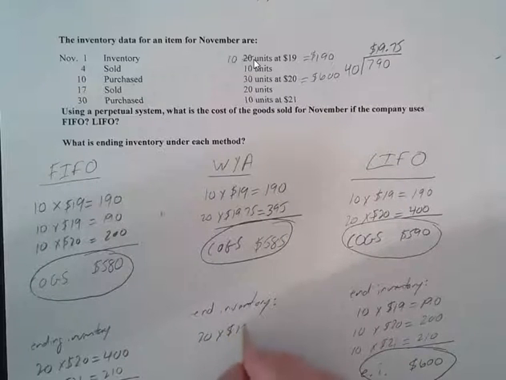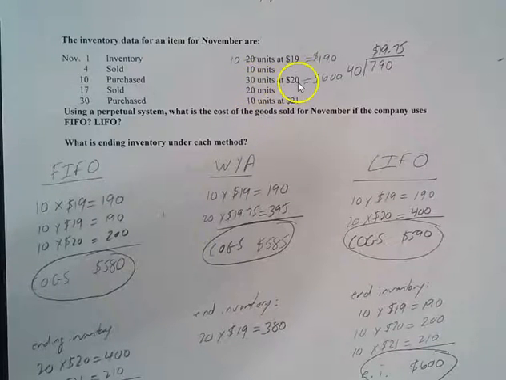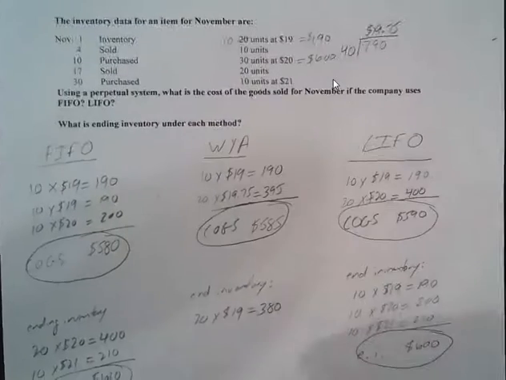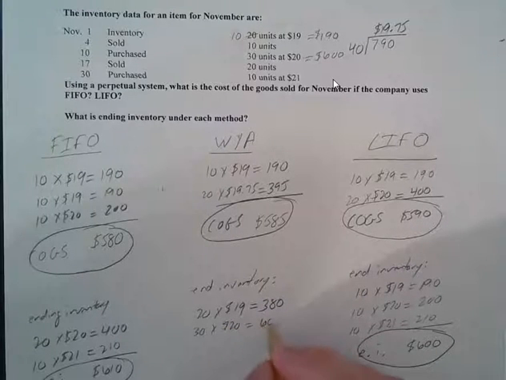What I'm calculating right now essentially is cost of goods available for sale. And 20 times 19 is 380. You'll just have to take my word for it. Then we have 30 units purchased at $20. Well, we've already done the math on that. So 30 times 20 equals 600.